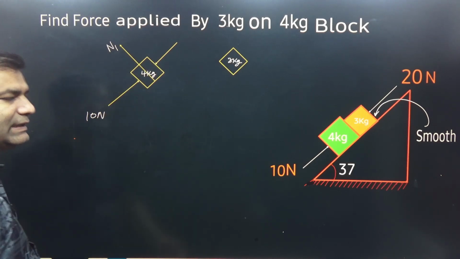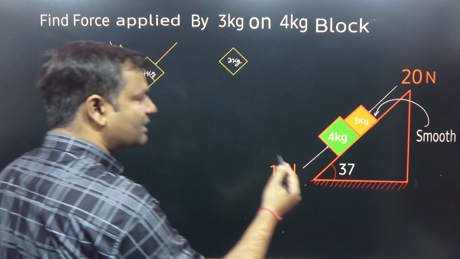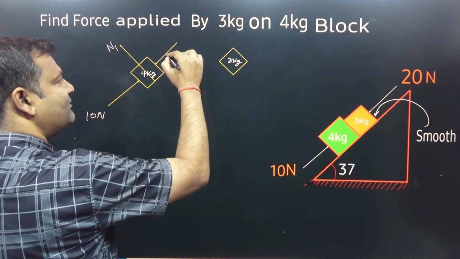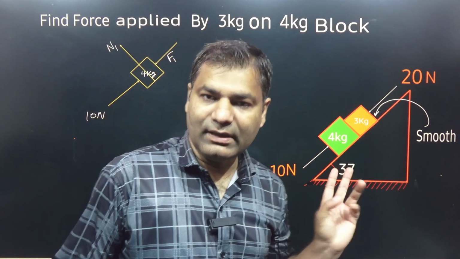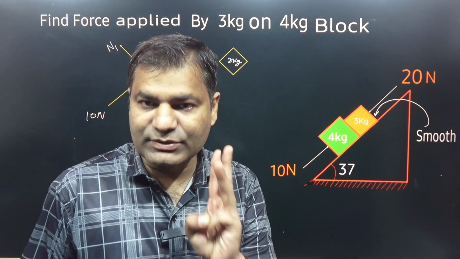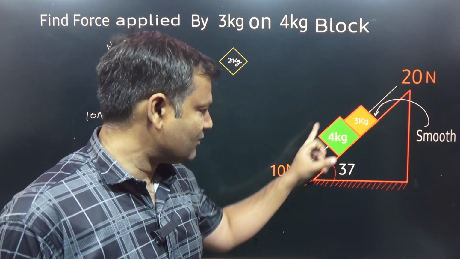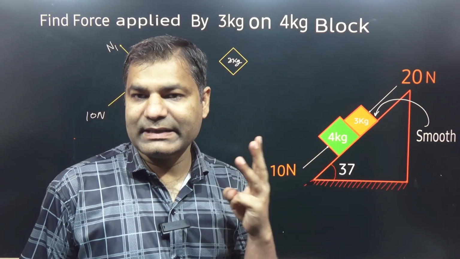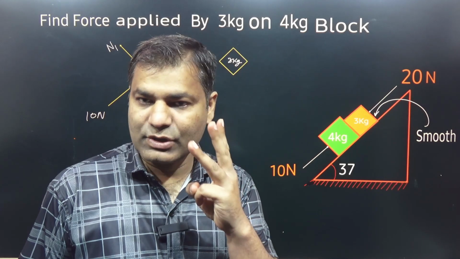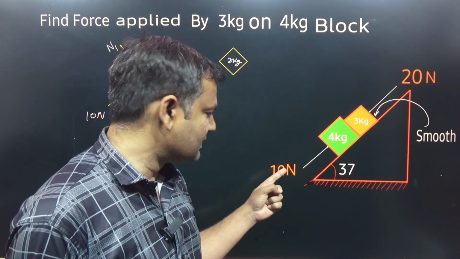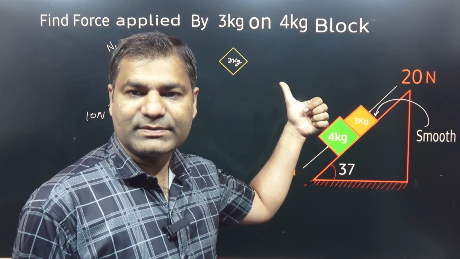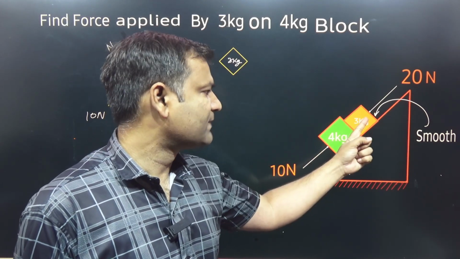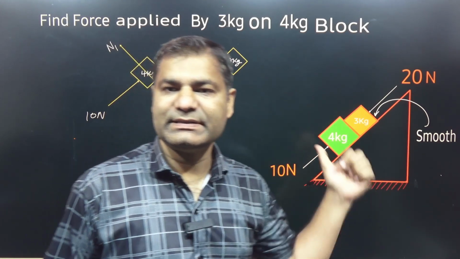Third, the 3 kg block applies a force on the 4 kg block, which we suppose is F1. So the 4 kg block is in direct contact with 3 forces: the first is 10 Newton, the second is the normal force applied by the inclined plane, always perpendicular to the surface, and the third is the force of the 3 kg block on the 4 kg block, F1.